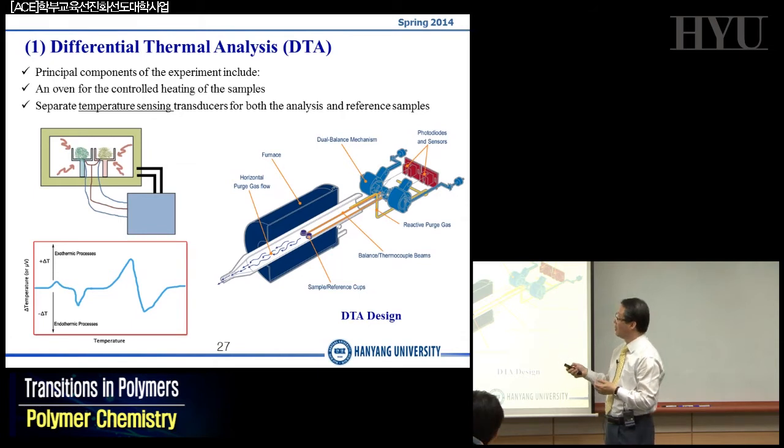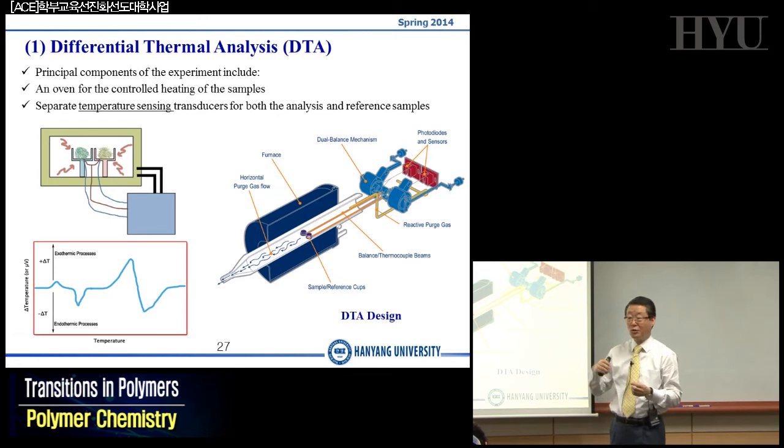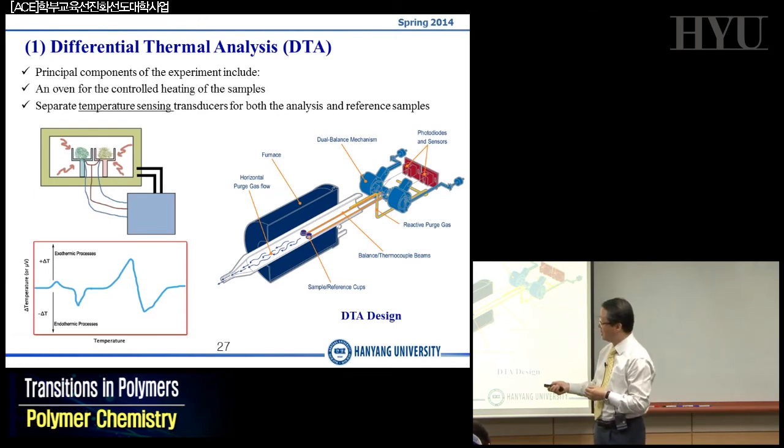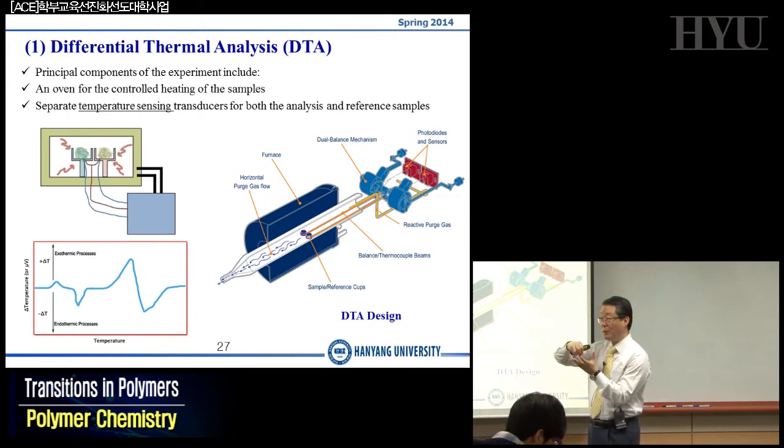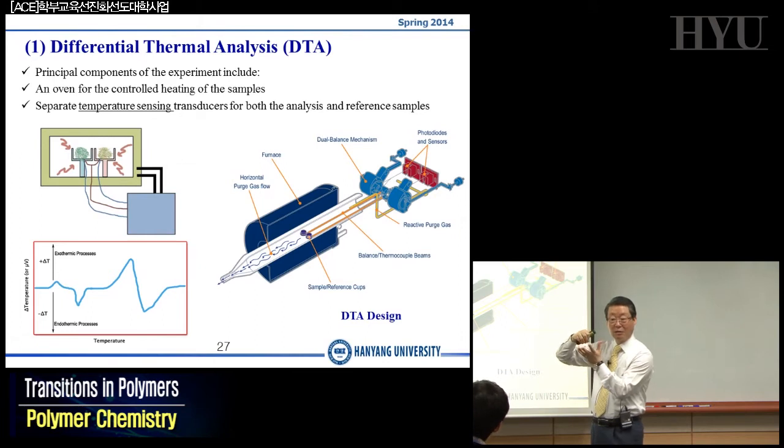Okay? Now, if the polymer undergoes an exothermic thermal transition, then the temperature of the sample pan decreases, because heat will be exerted from the sample pan to the surroundings.